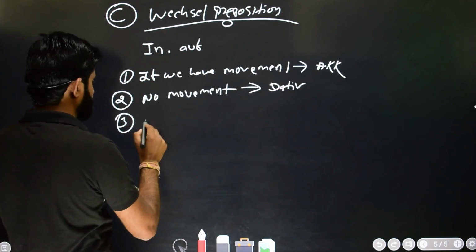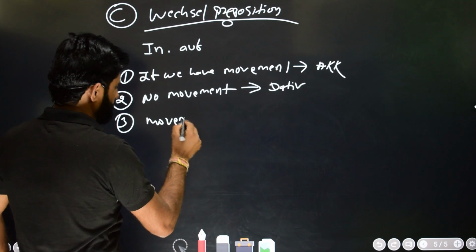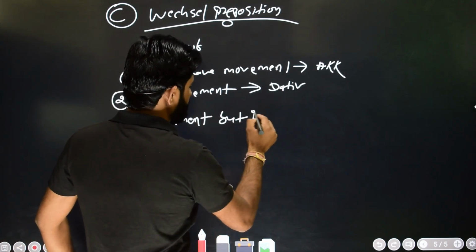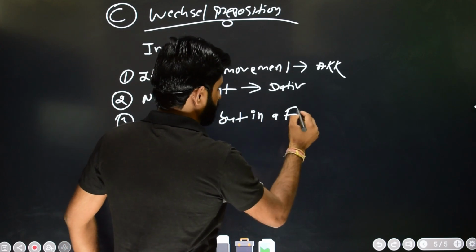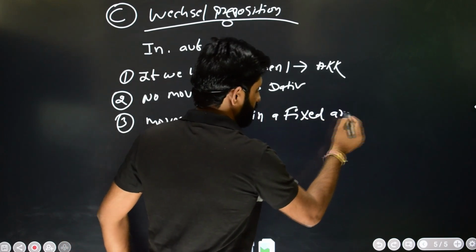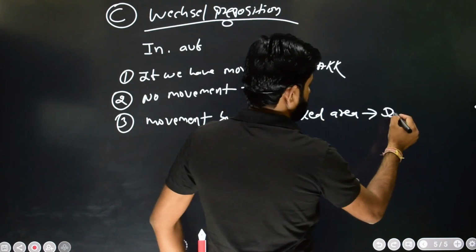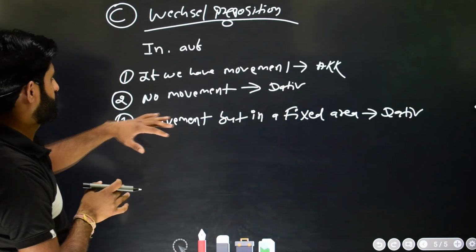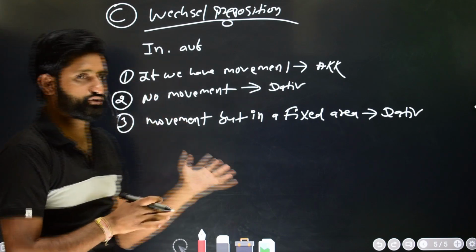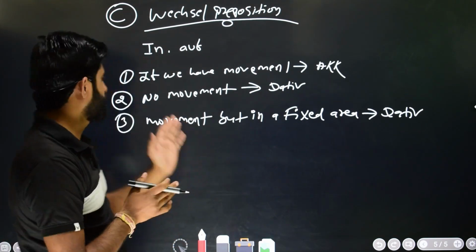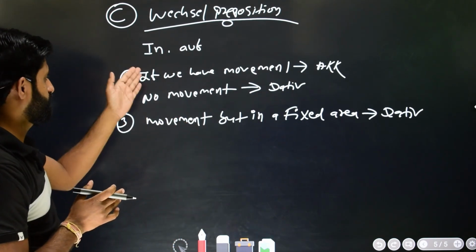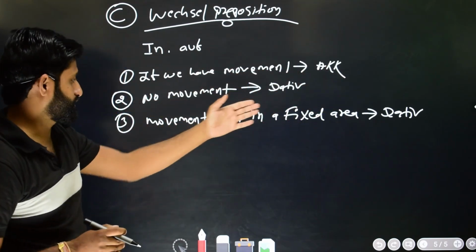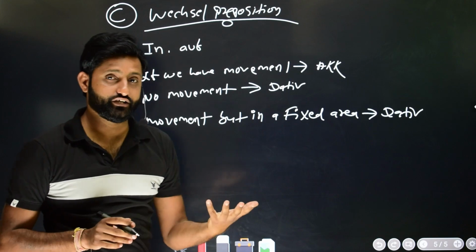Third way is, movement is there but in a fixed area, then it will be dative. The first way to identify whether a Wechsel preposition is in accusative or in dative is with the help of these three rules. If we have a movement, then it will be accusative. If no movement, then dative. If movement is there but in a fixed area, then it will be dative.